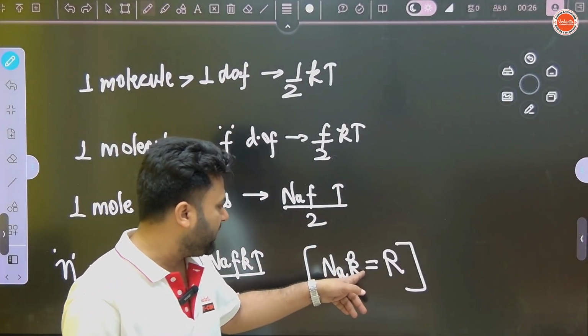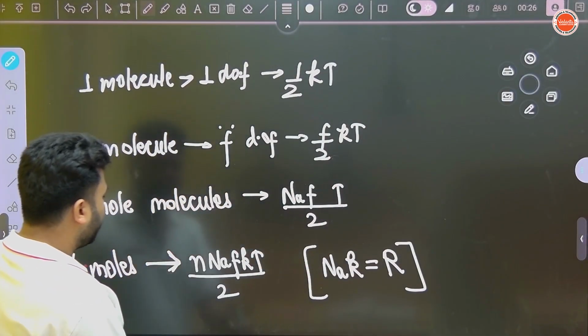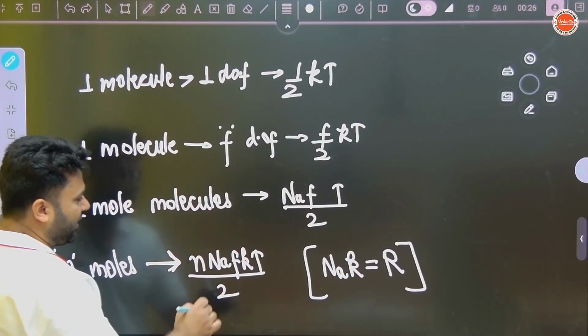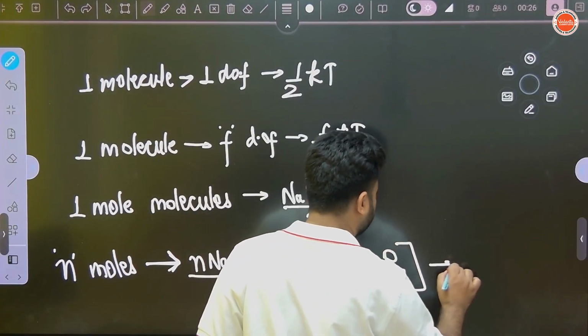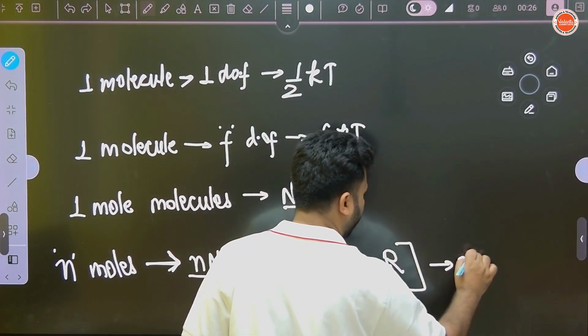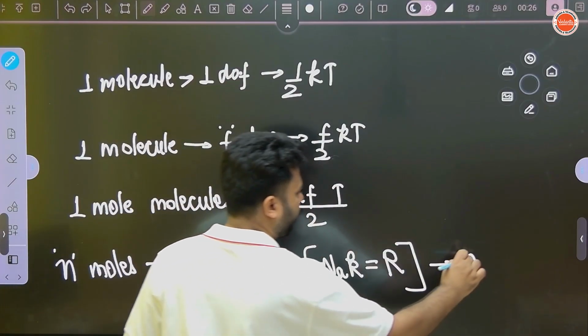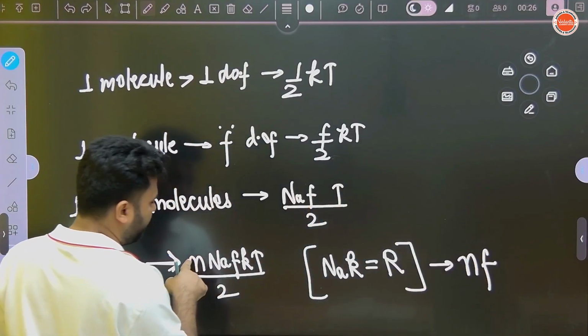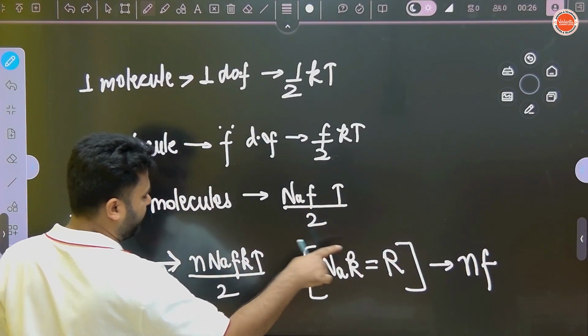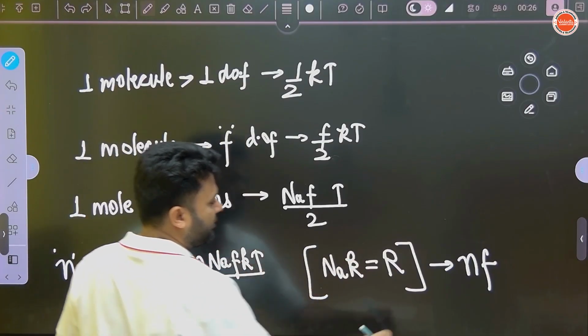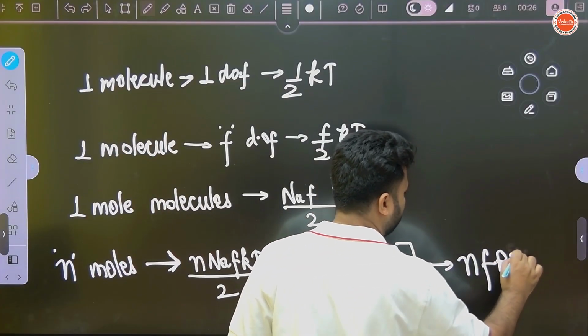So Na multiplied by k equals R. Means the energy becomes n f, see, here we have n, here we have f, Na into k will be R, so n f R T by 2.